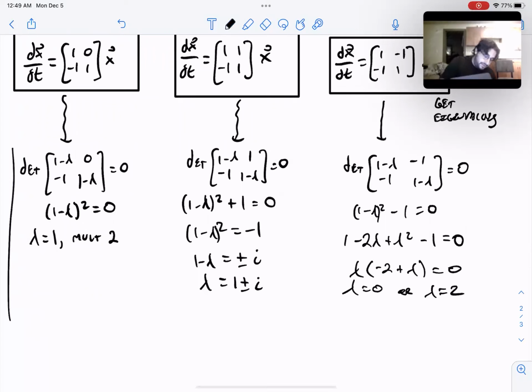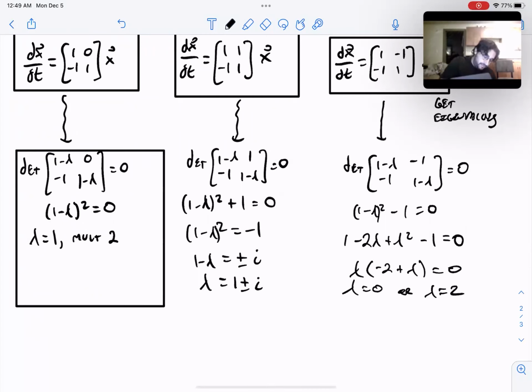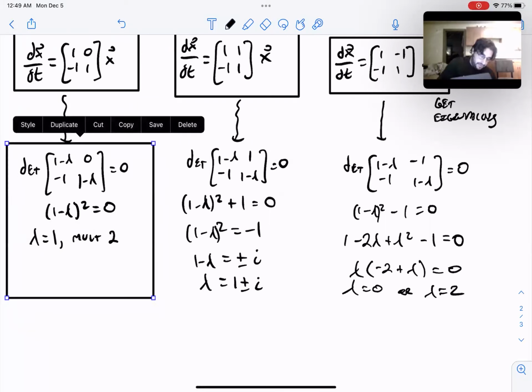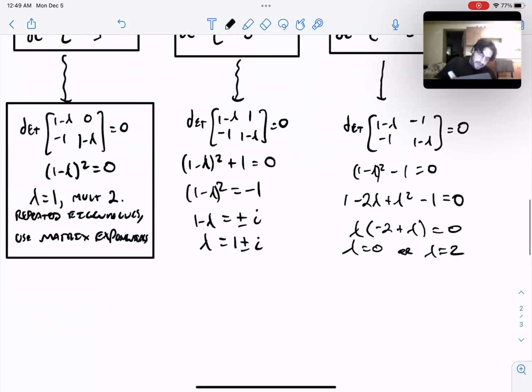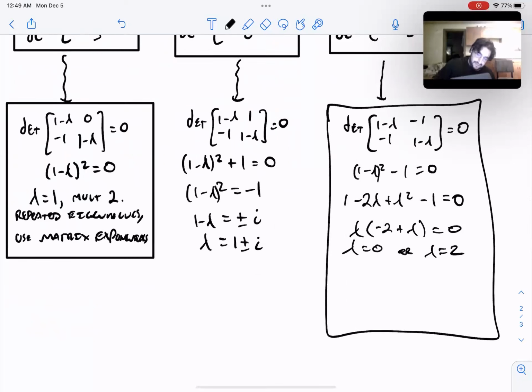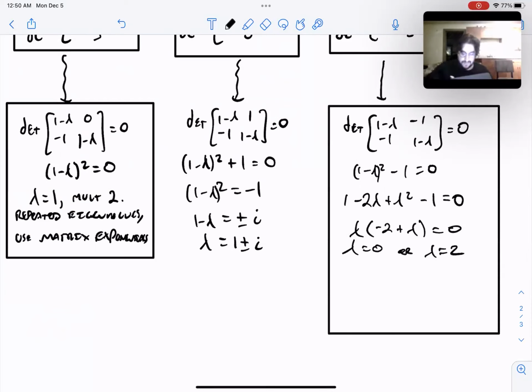So this first one is going to be the repeated eigenvalue case, where we are going to use matrix exponentials. This last one is the distinct real eigenvalue case.